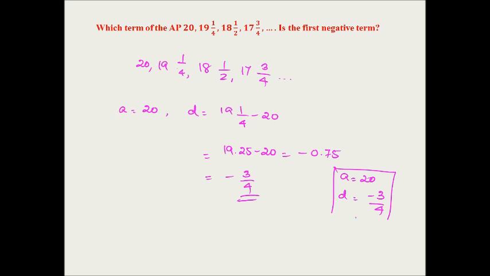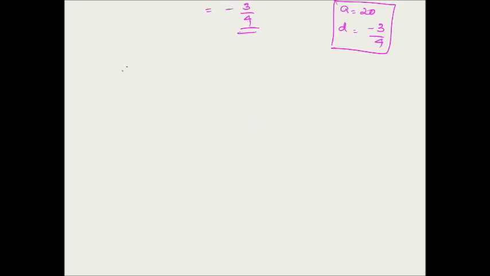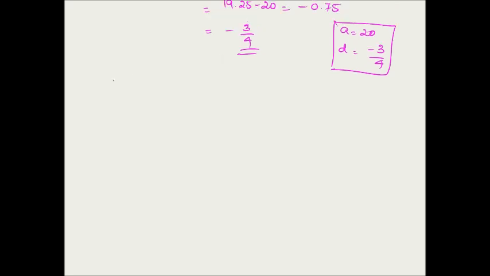Now we know the formula an is equal to a plus n minus 1 into d. The given condition is an is less than 0.